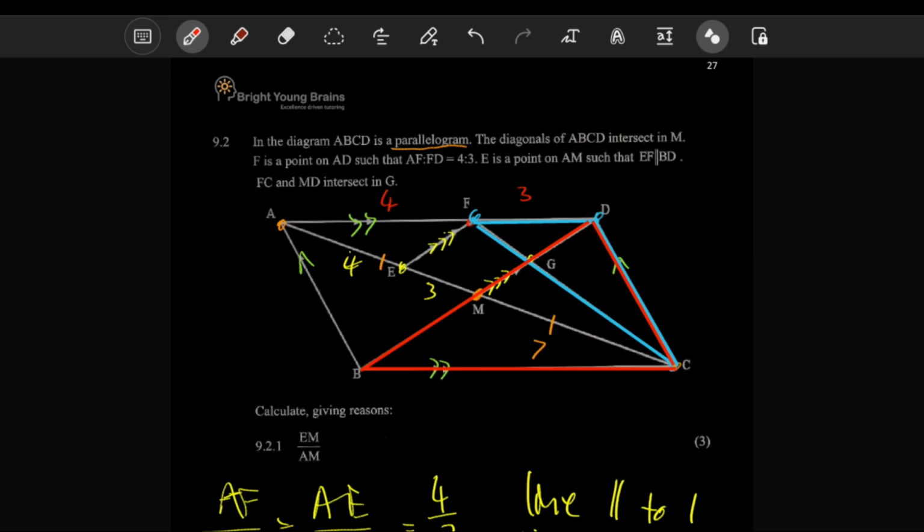You have B. So we say we're dealing with triangle BDC. And what else are we dealing with?